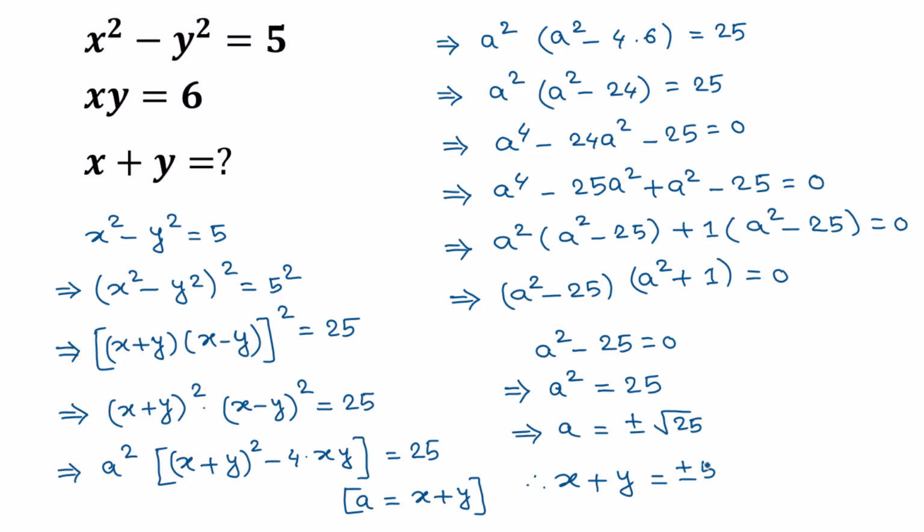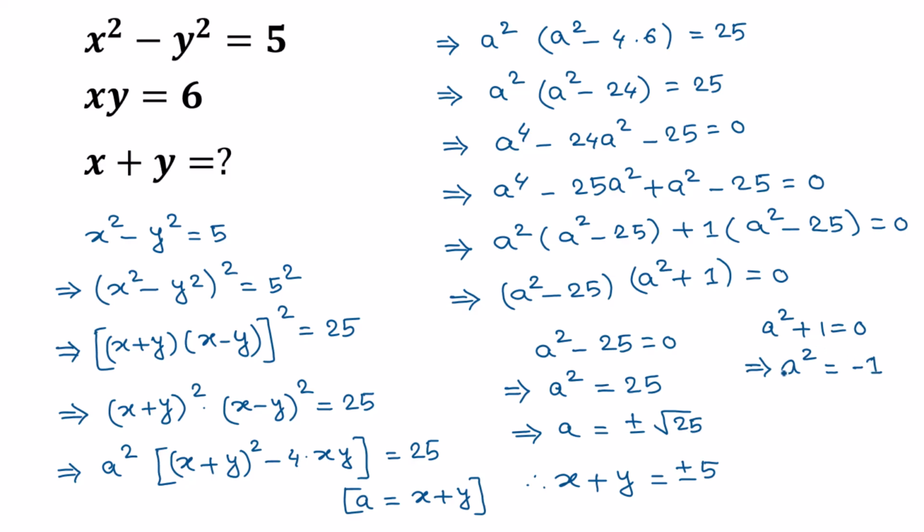This is 5. And we also have a square plus 1 is equal to 0. So from here, taking 1 to the right side, we will get a square is equal to negative 1.